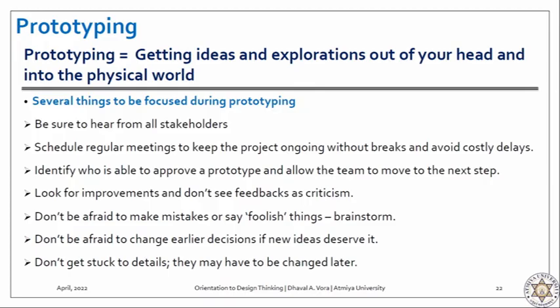So obviously validation is very much a required process. So you need to identify a person who can validate your product and can give you proper feedback, and depending upon that only you can go further. Look for improvements and don't see feedback as criticism.